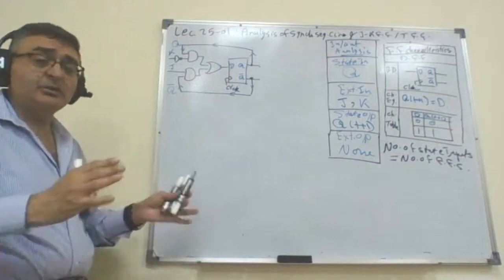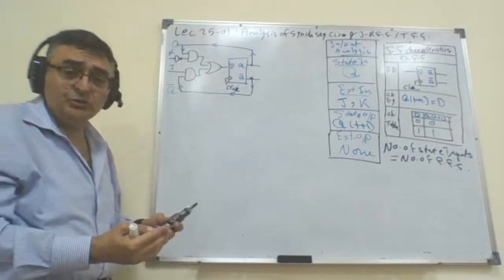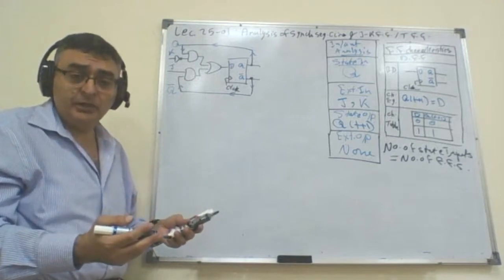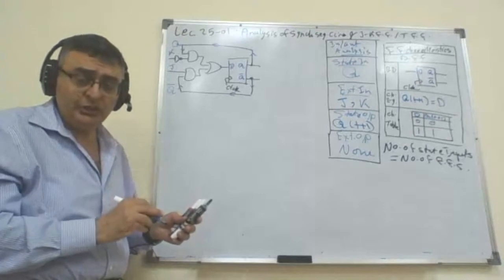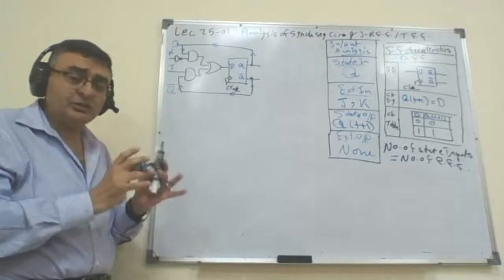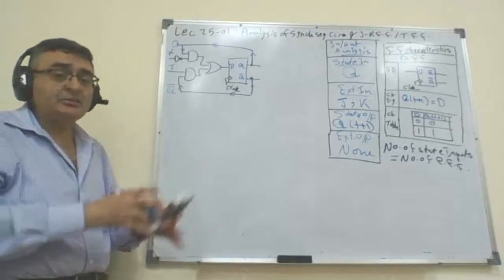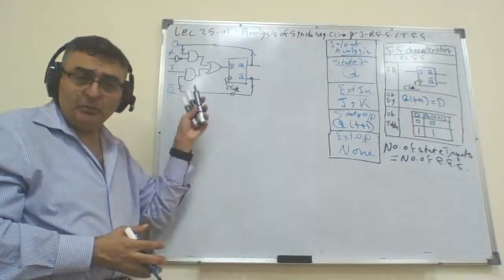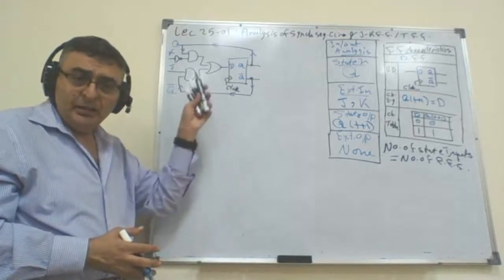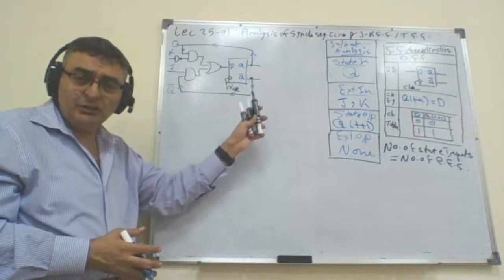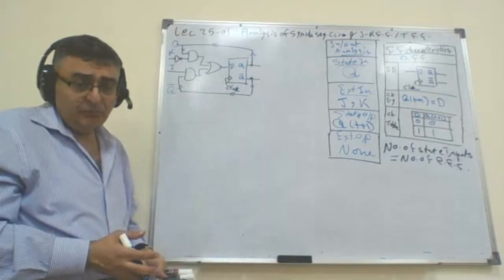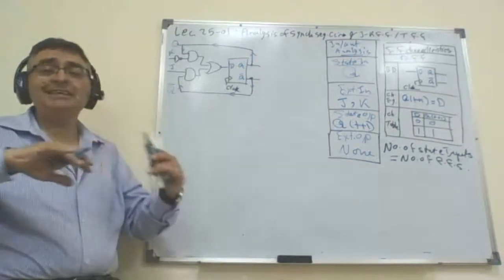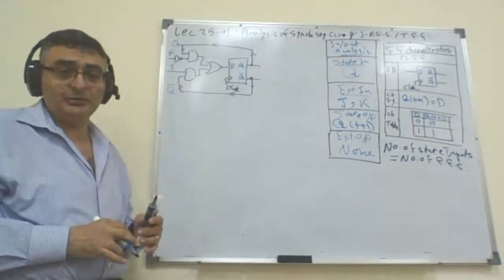My recommendation is a methodology that I always use, and the students find it very easy. In order to analyze synchronous sequential circuits that have a mix of components, as you can see here, some combinational components, ANDs and ORs, and a sequential component, the flip-flop, my recommendation is to split the circuit into two parts.